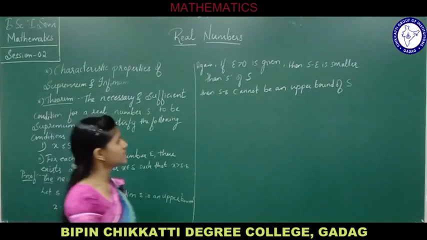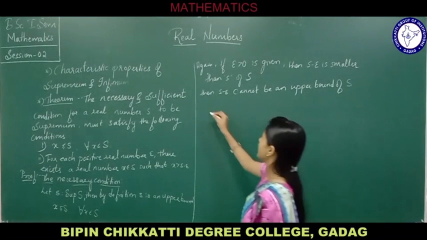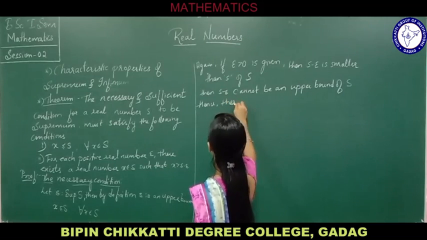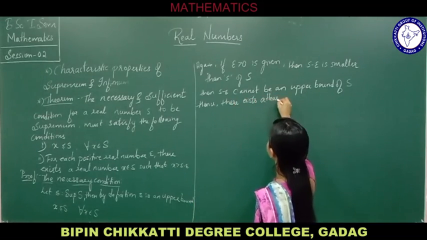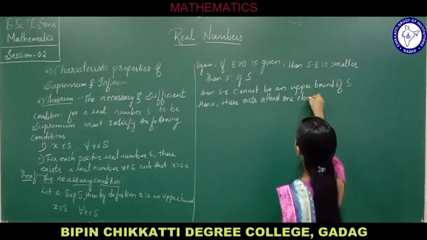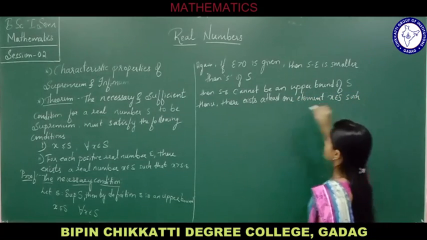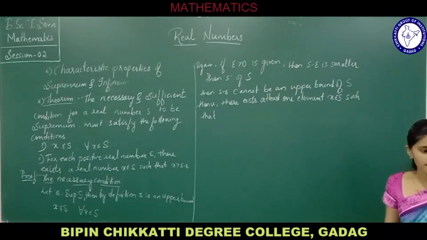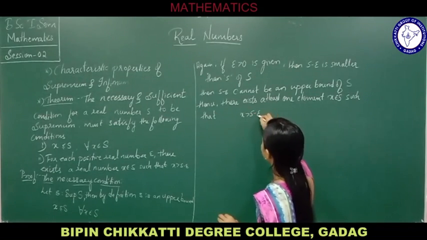What we are going to say is that there exists at least one element x belonging to S such that x is greater than S minus epsilon.